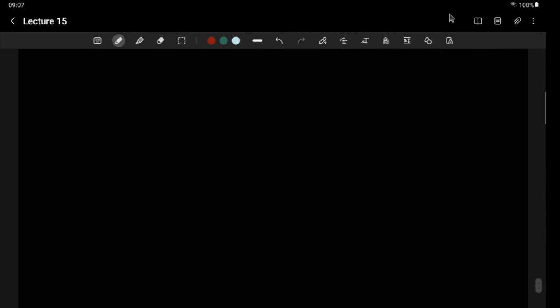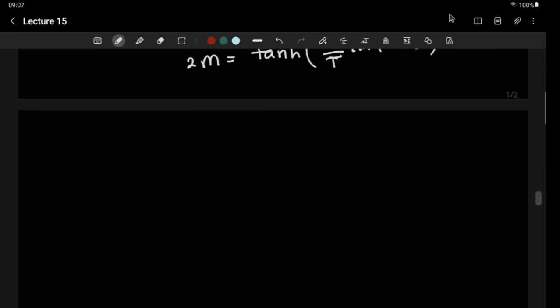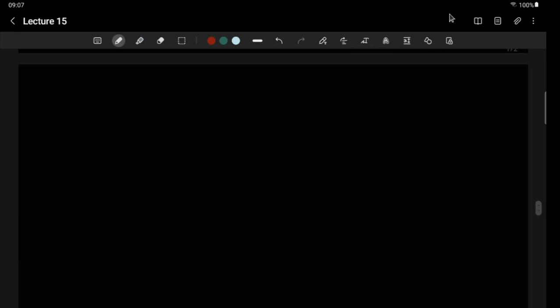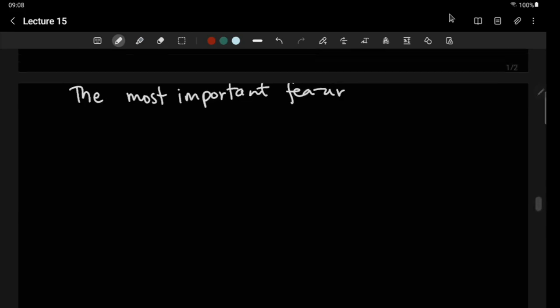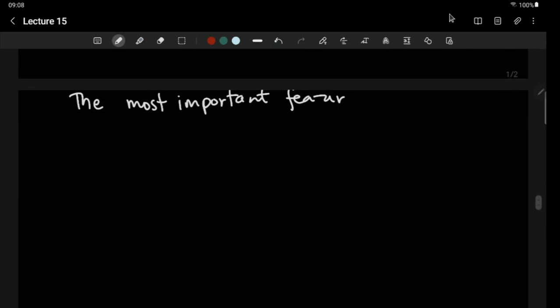The most important feature is that m is discontinuous now as a function of b.